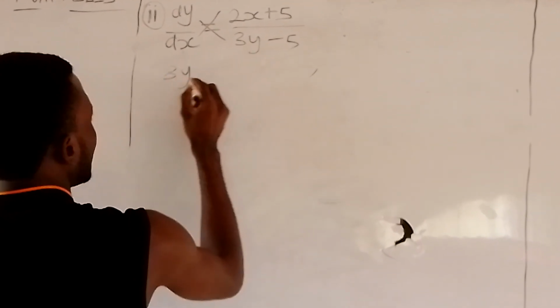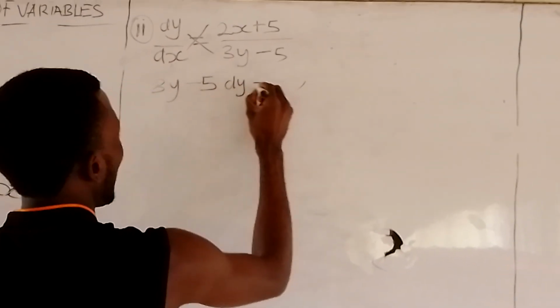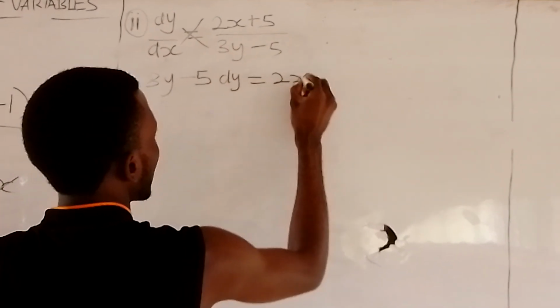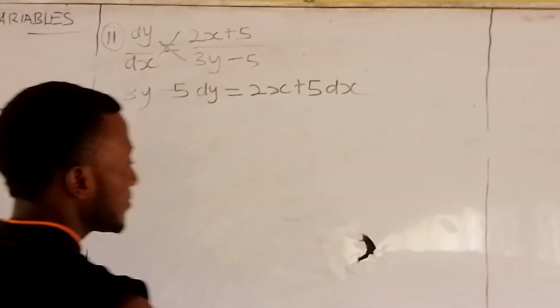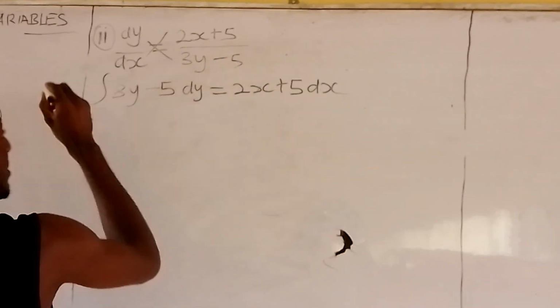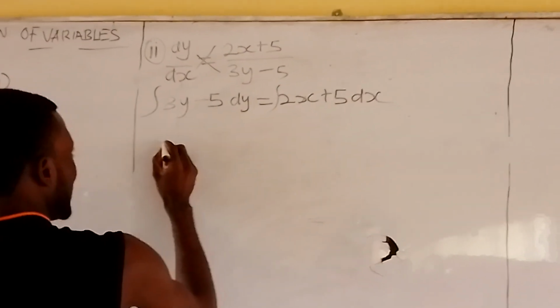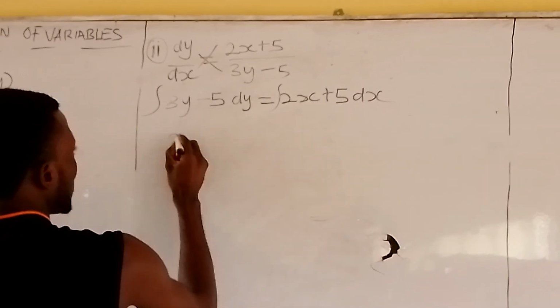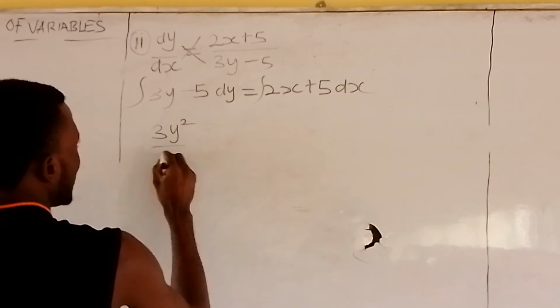(3y minus 5) dy is now equal to (2x plus 5) dx. At this point, we can easily take the integral of both sides. Integrating 3y gives us 3y raised to the power of 2 divided by 2.